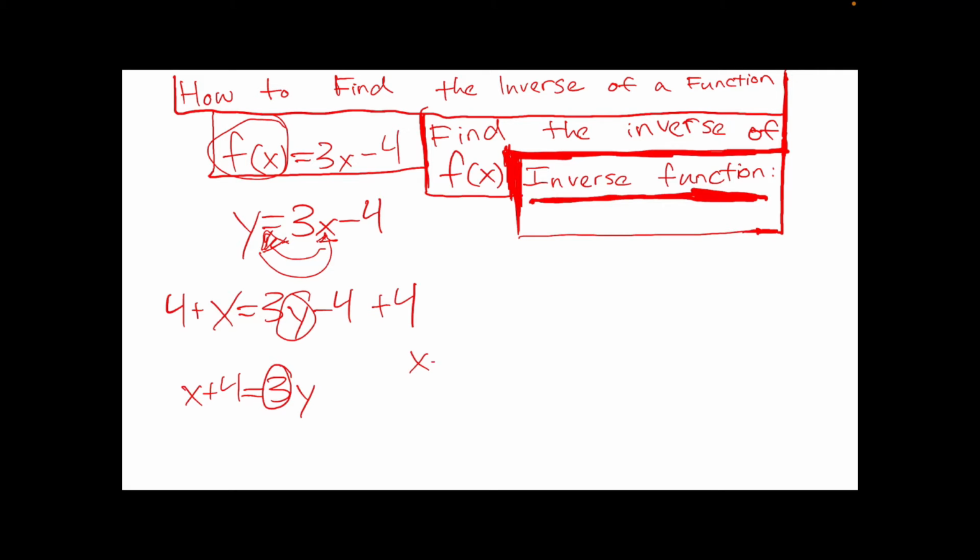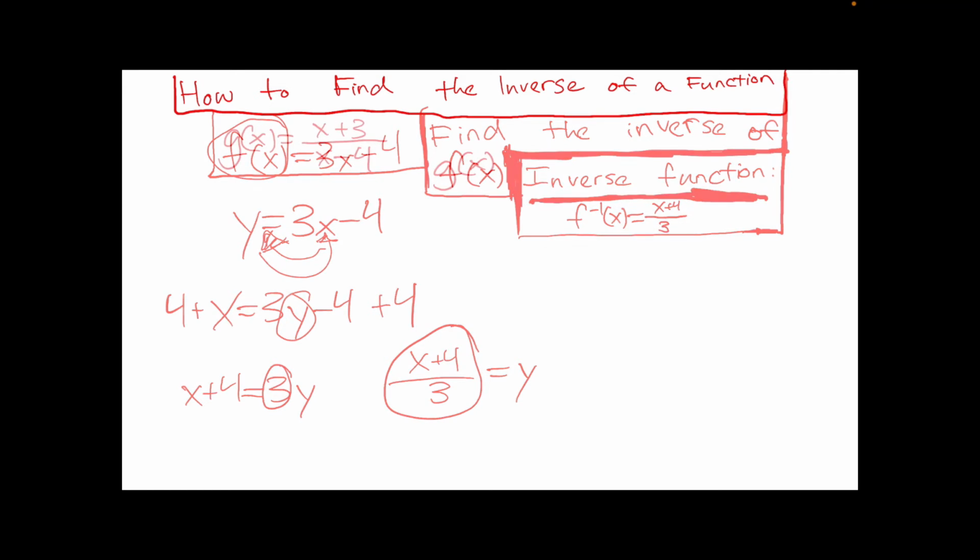So now we have x plus 4 divided by 3 equals y. And this right here is the inverse of that function. So we can now write that f inverse of x equals x plus 4 over 3.